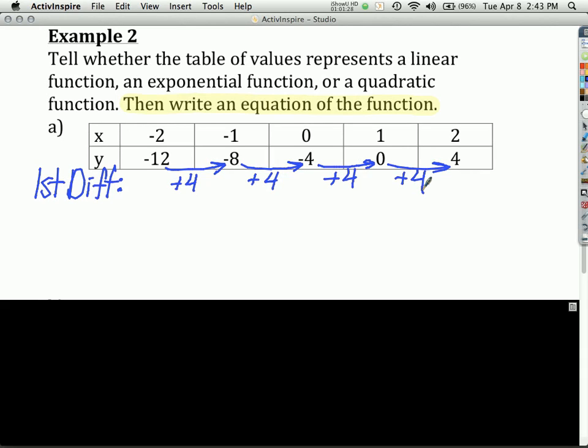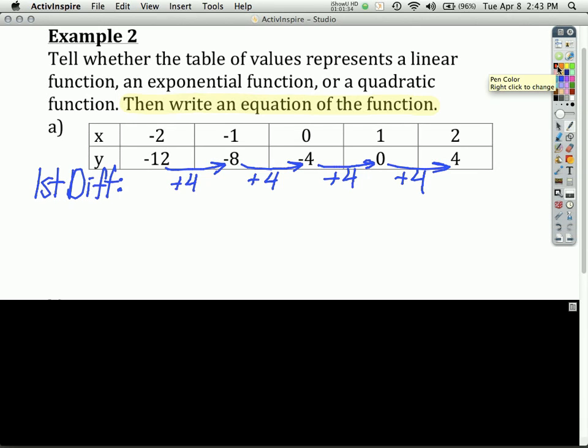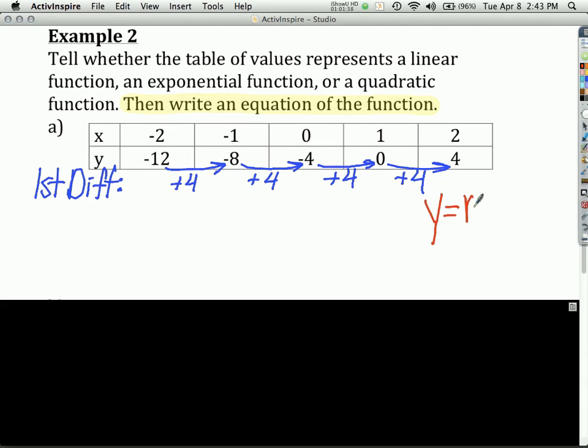Now we have to write a model. And we are going to use the same model we used for the first half of the year. We are going to write an equation in this form: y equals mx plus b. So ours is going to look like this: y equals something x plus something.